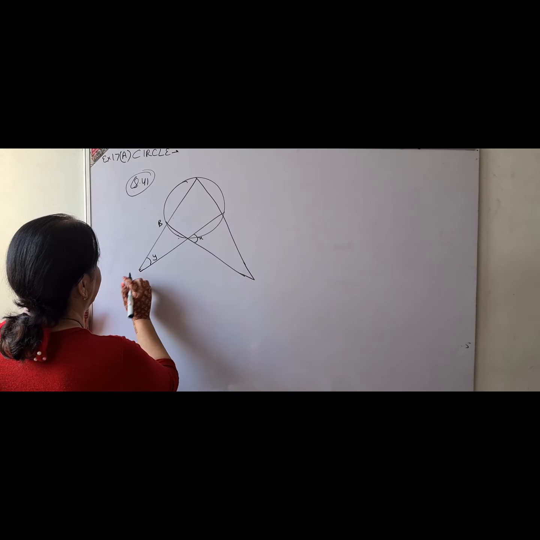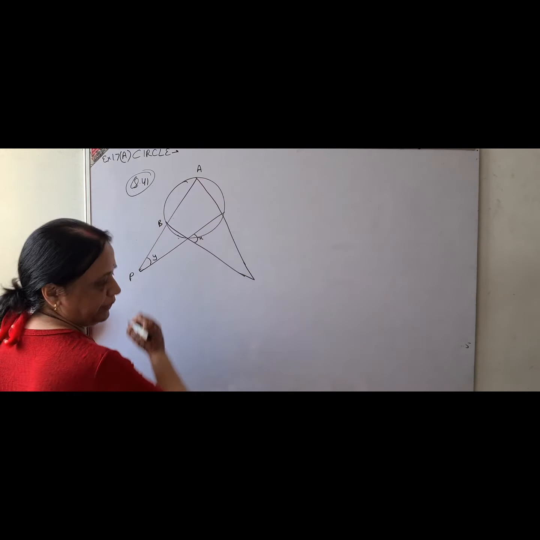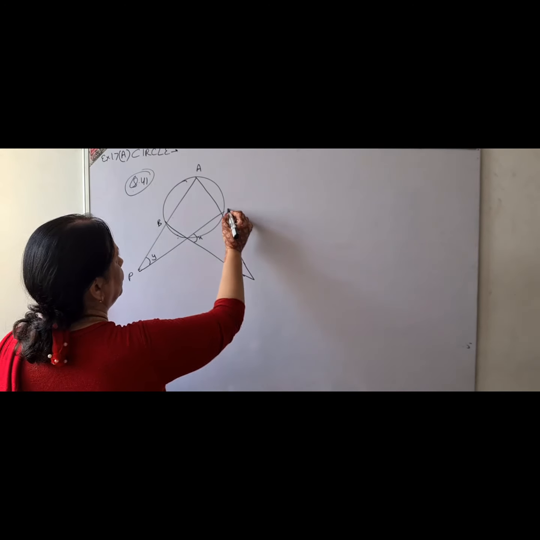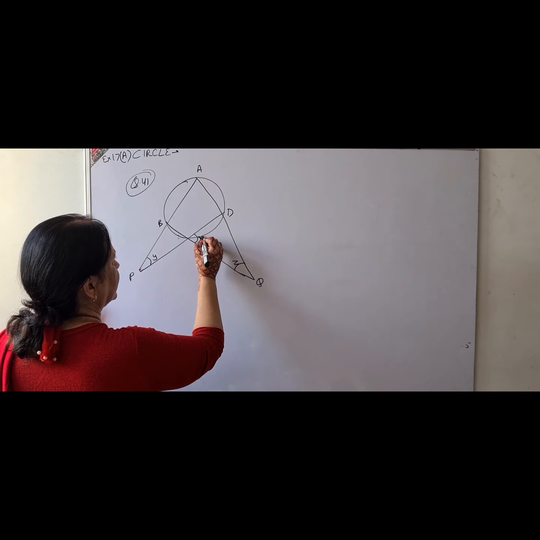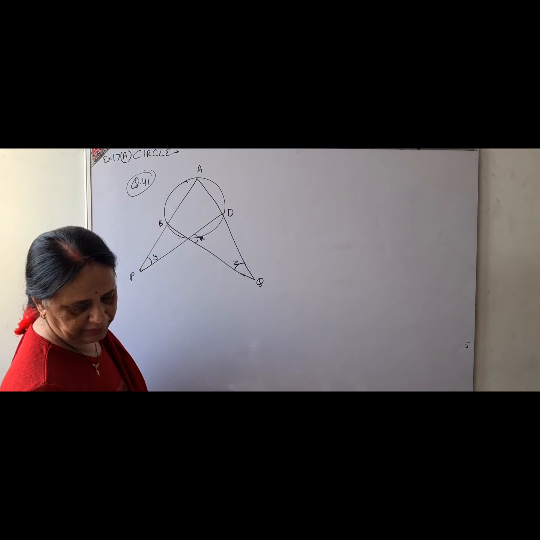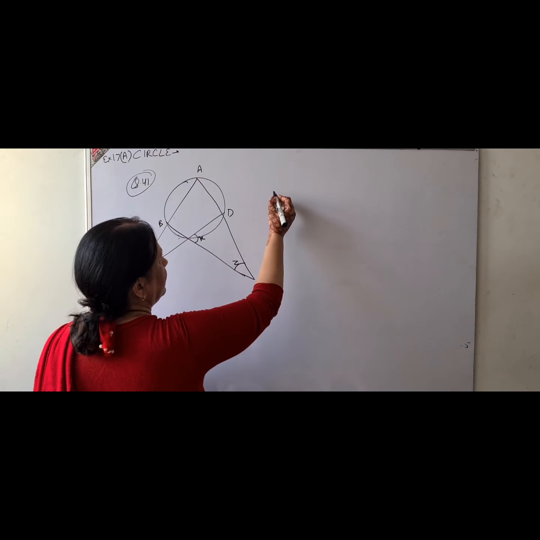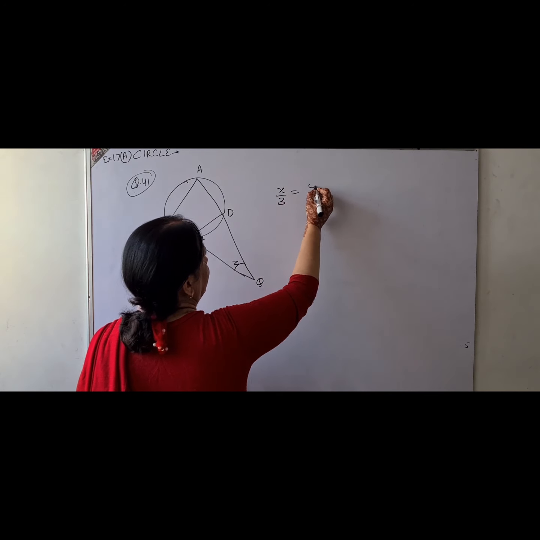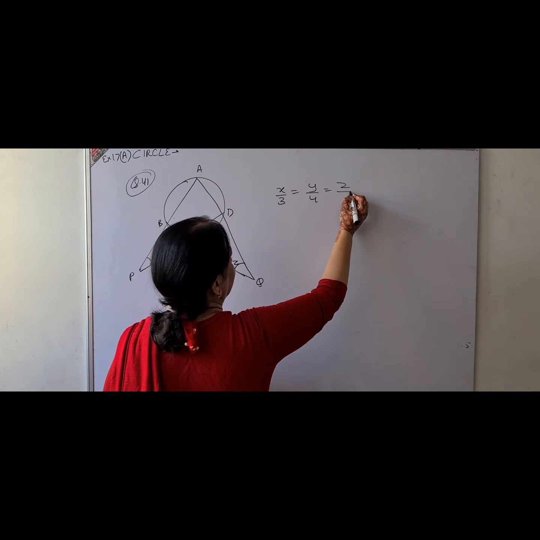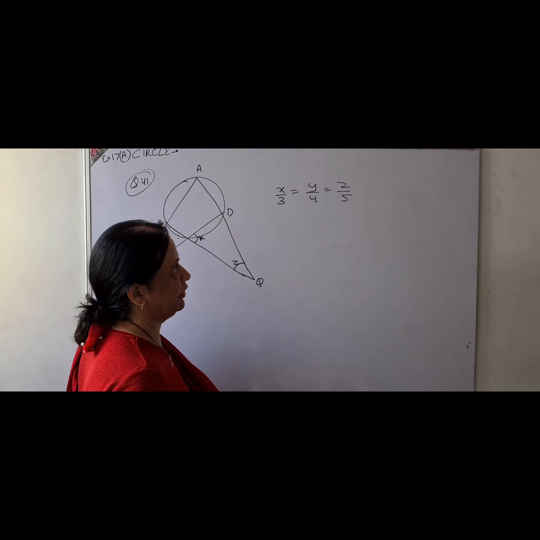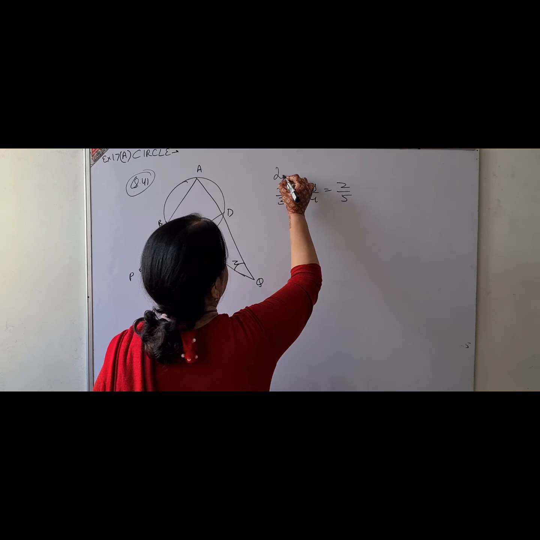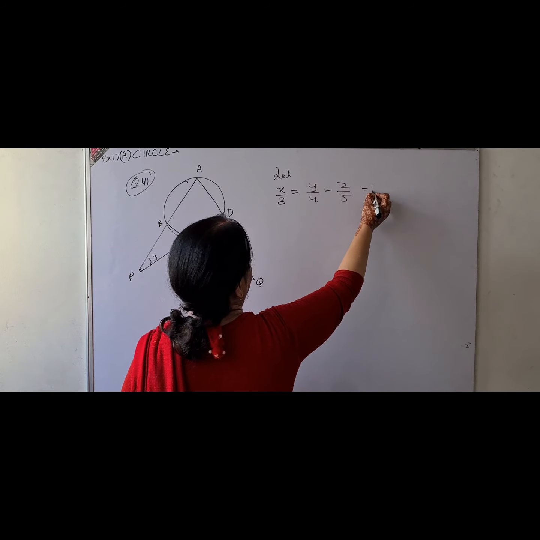B, P, A, B, P, and A, D, Q, and this is given in Z and X. Now I have to find the values of X, Y, Z, if X by 3, Y by 4, and Z by 5 are equal. Let whatever is given be equal to K, because they are equal.